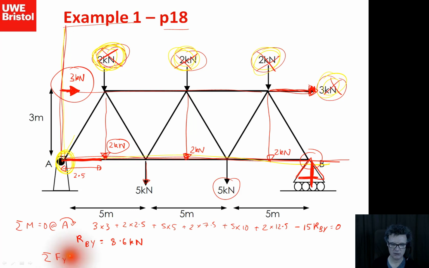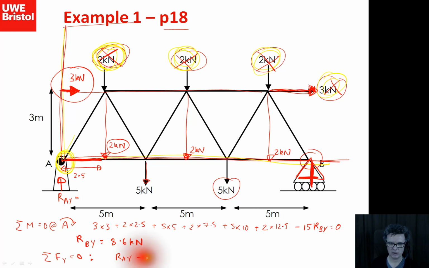So let's sum them up. So the first reaction we're going to have is this one here, so that's going to be RAY, and that's going to go upwards.